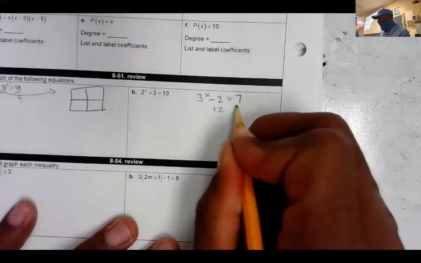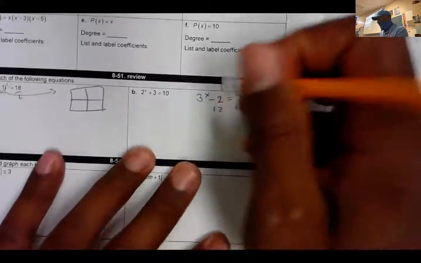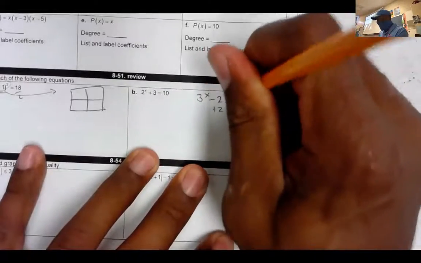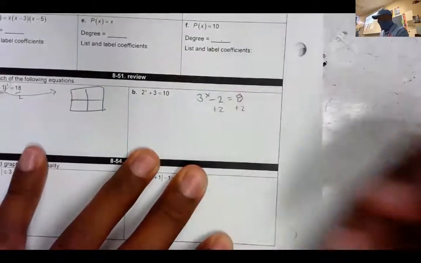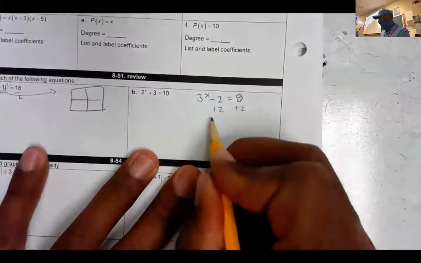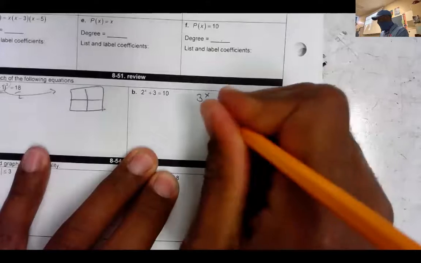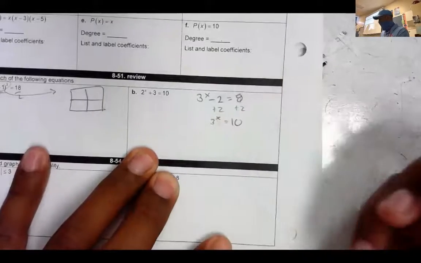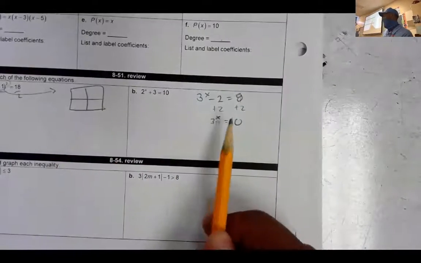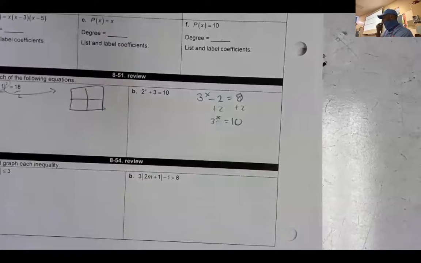Well, here I would add 2. Actually, let's not do that because that's too easy. Let's do 8. Okay, so I add 2. I get 3 to the x equals 10. But I can't solve it because it's a variable in the exponent.